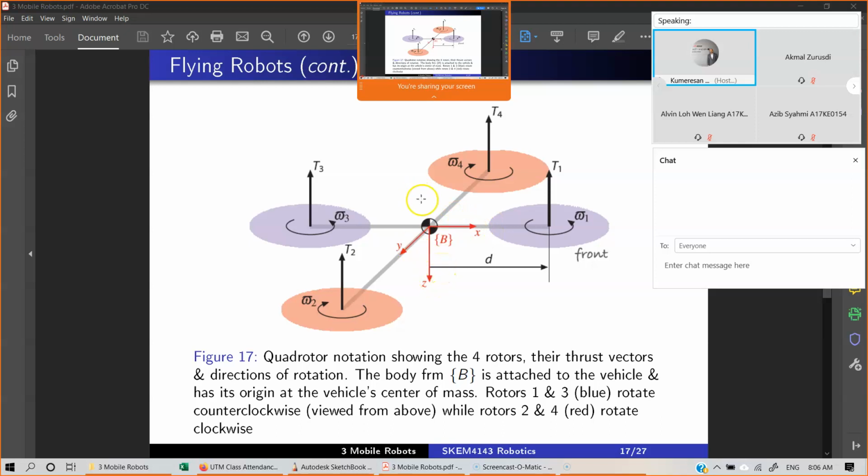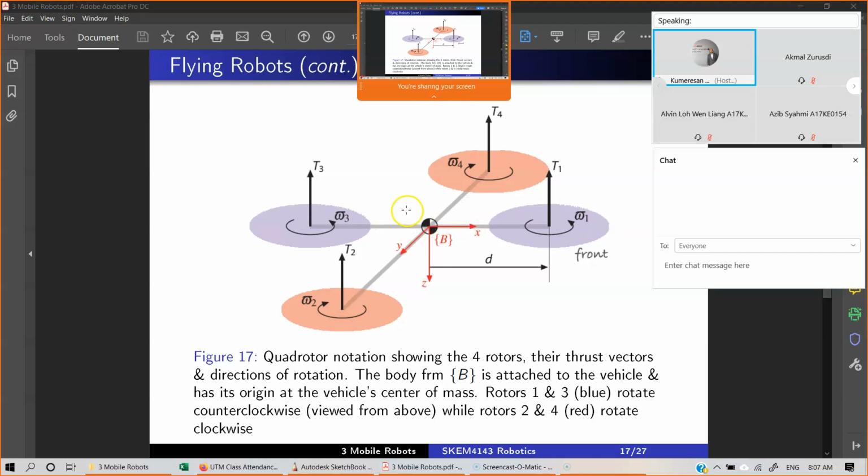If you want a rolling motion, from this figure you can see that if T4 is greater than T2, there will be a positive rolling motion, because positive is clockwise, looking in the direction of the x-axis.